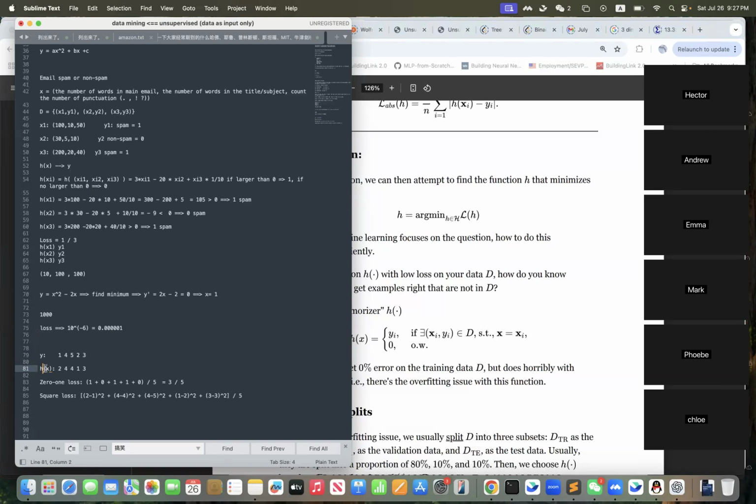On the test data, we have a bunch of x, a bunch of y, and we can still calculate h(x) and y and calculate the loss. So it's like on a new data set. We were already satisfied with the loss on this historical data set, and we get a new data set and want to verify our model, and we say, oh, the loss is quite large on the new data set, or on the test data set.